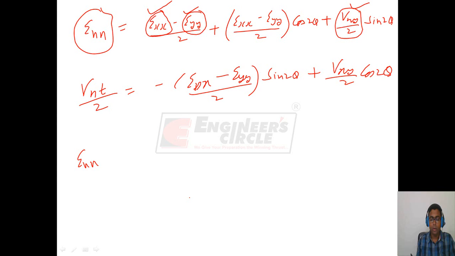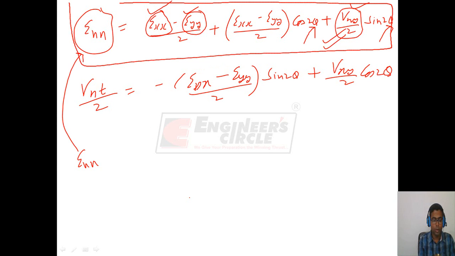Now, by putting the value of that known direction, that is theta, in this equation and the value of epsilon nn that is obtained from the strain gauge, we can find out the value of gamma xy from this equation, because we already know epsilon xx, epsilon yy from the 2 other strain gauges. So, using 3 strain gauges, we can find epsilon xx, epsilon yy and gamma xy.